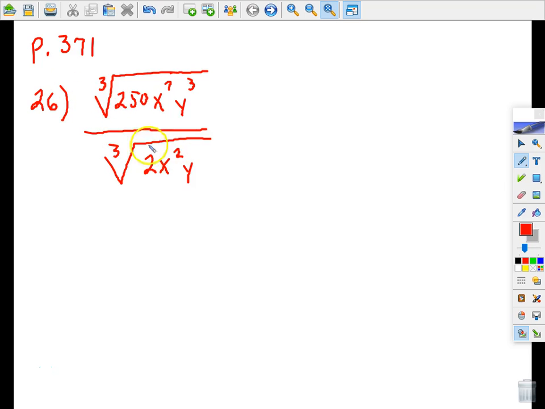Number 26, we said today that we have a principle regarding division of radicals that says two separate radicals being divided could be thought of as a single radical of a fraction. So I'm not hurting anything in this problem if I rewrite what's given as the blue radical.